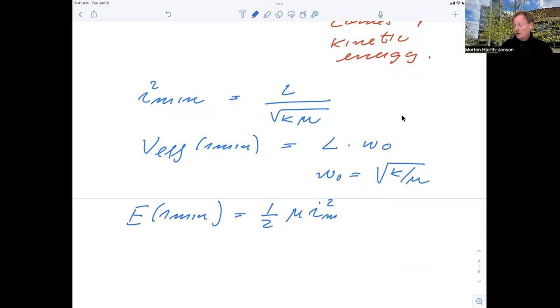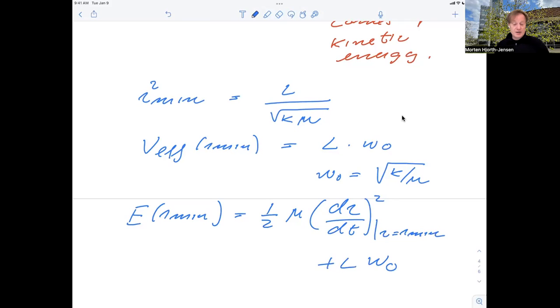So let's rewrite this in a better way: we have (dr/dt) squared defined at r equal to r min, plus L times omega 0.